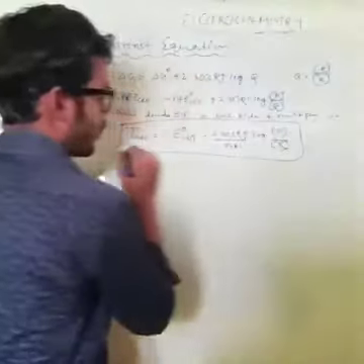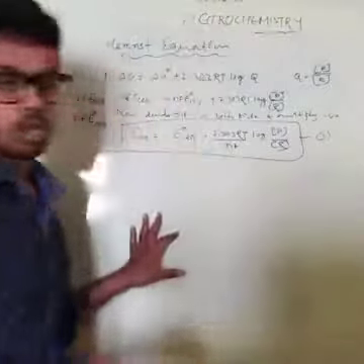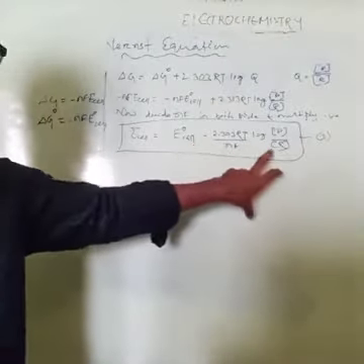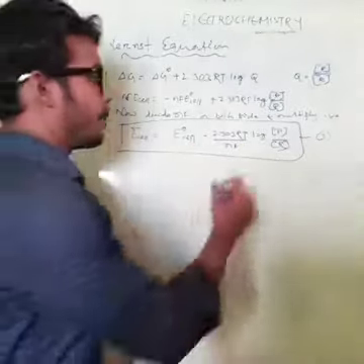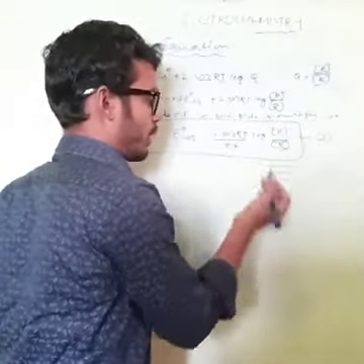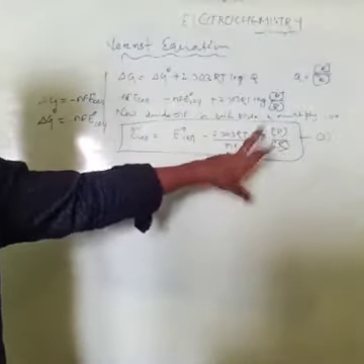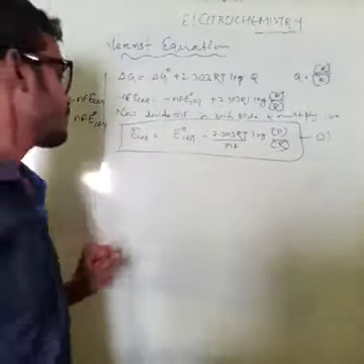This is equation 3, the Nernst equation. If temperature is given, R value you know is 8.314, n is the number of electrons, and F is the Faraday.